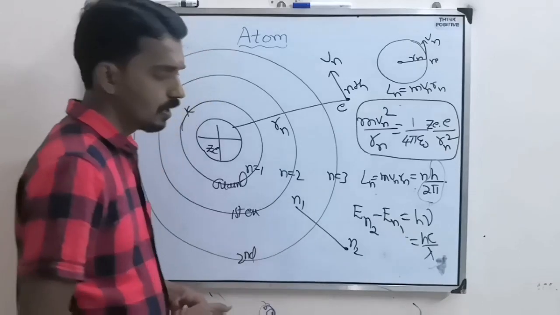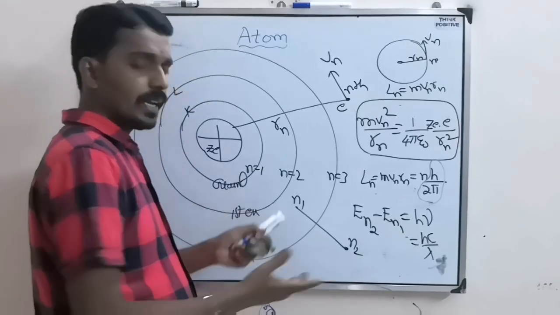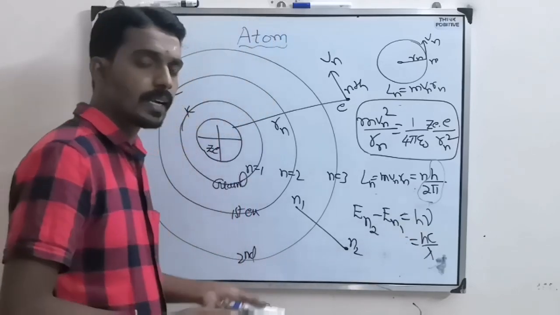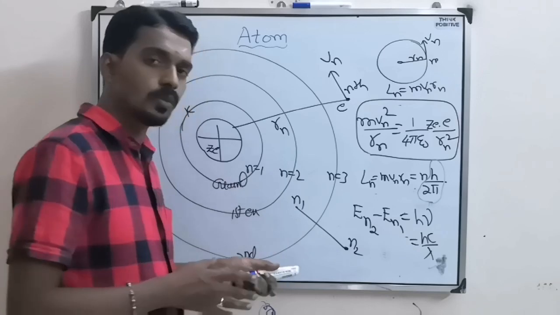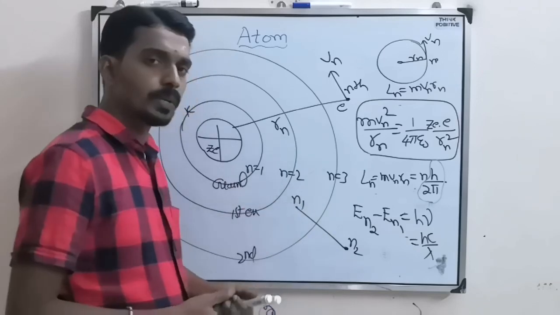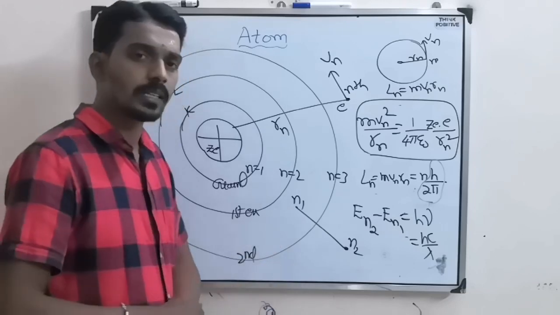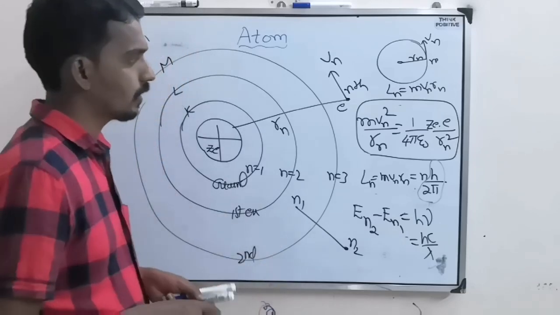So the photon energy formula is h nu, and that photon energy is equal to the energy difference between the two energy levels between which the electron is taking transition.